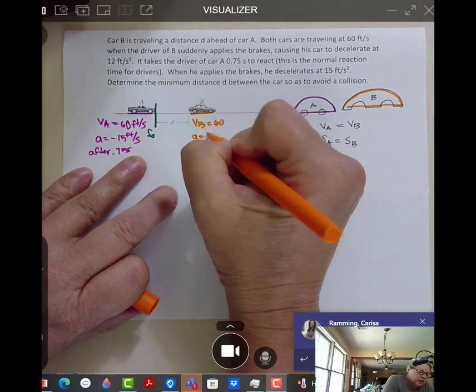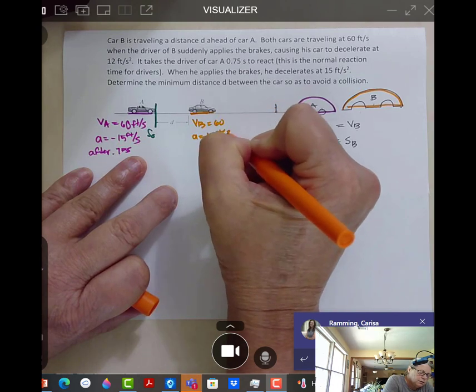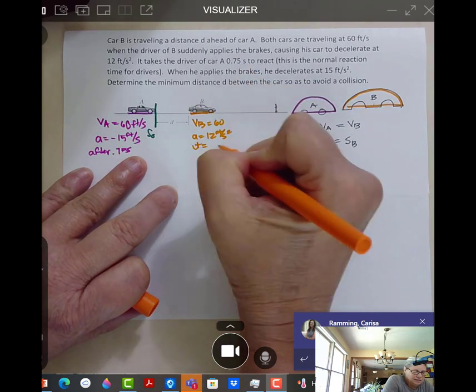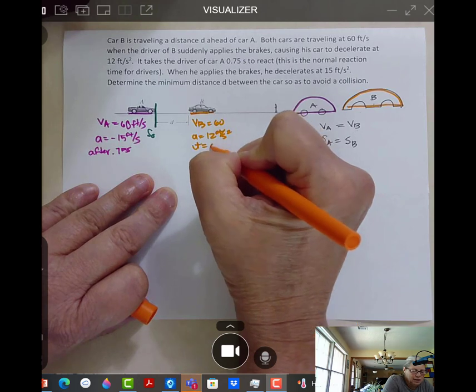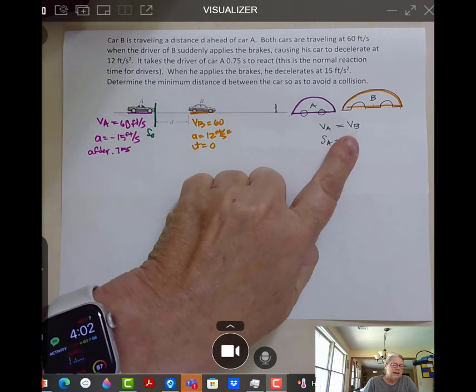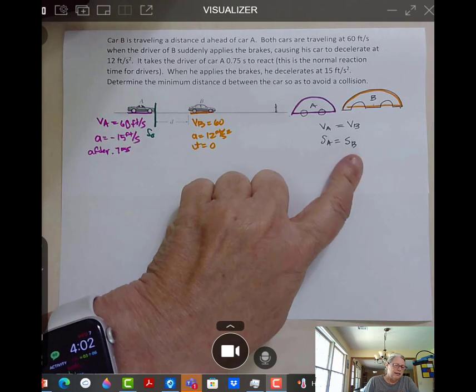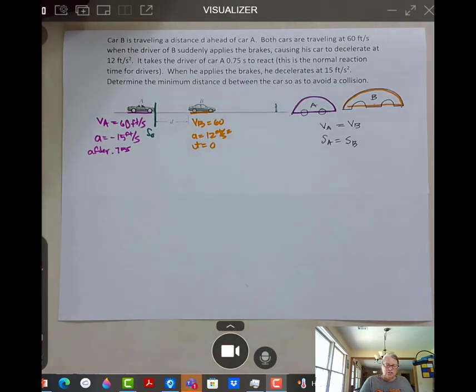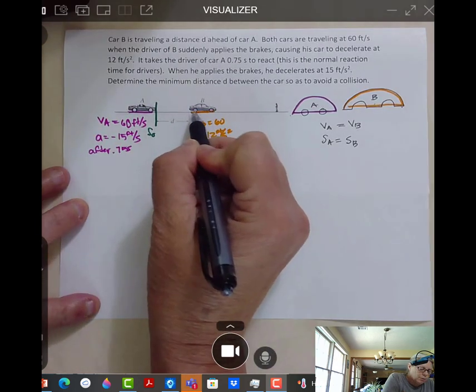Our acceleration is negative 12, and we immediately start at time equals 0. Okay, so this is where we're going to get the picture started. I know that VA has to equal VB, SA is going to equal SB. So let's just get started with car B information.